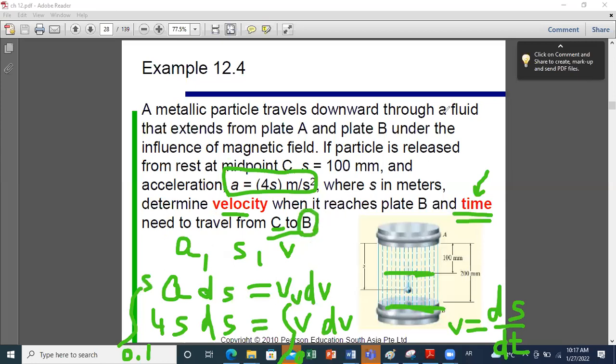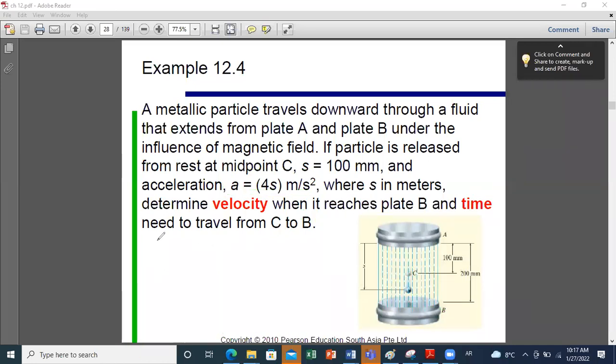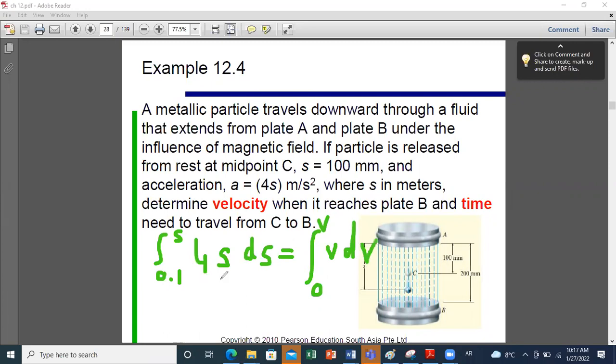So let me clear and write again. So we will integrate between 0.1 and s for 4s ds, and from the other side, I will integrate from 0, which corresponds to the initial velocity at C, to v of v dv. Now, this is a simple function to integrate.